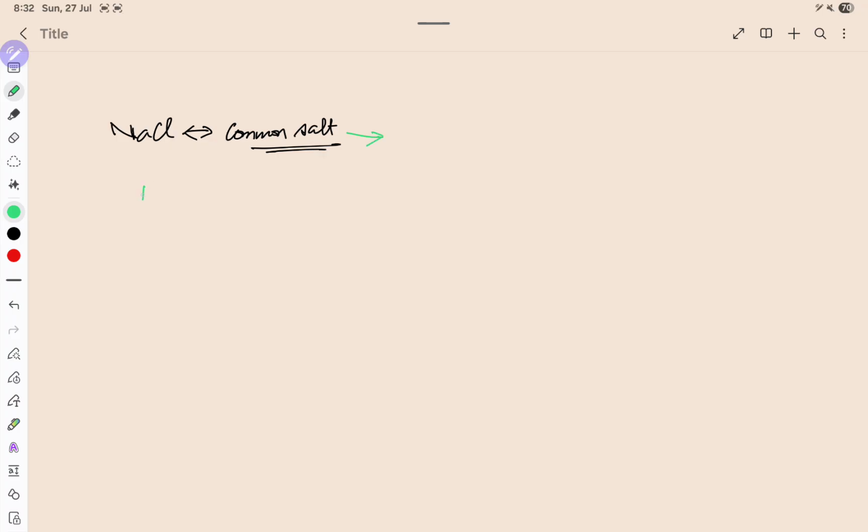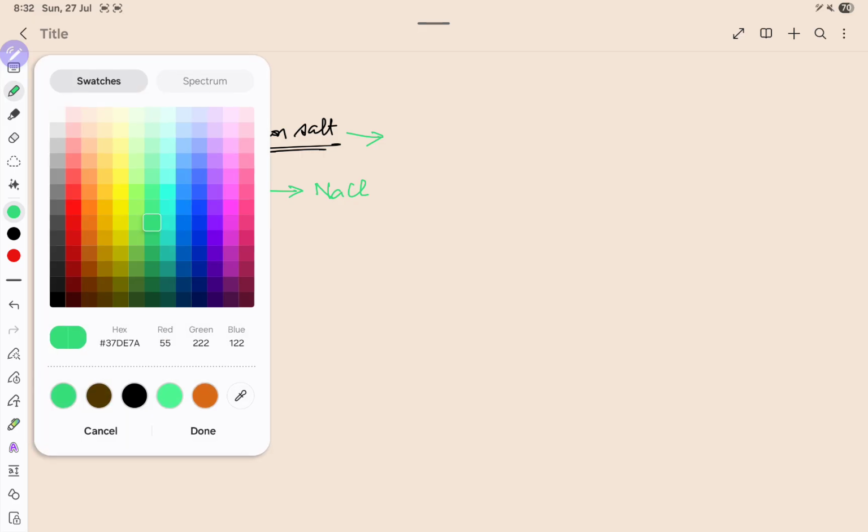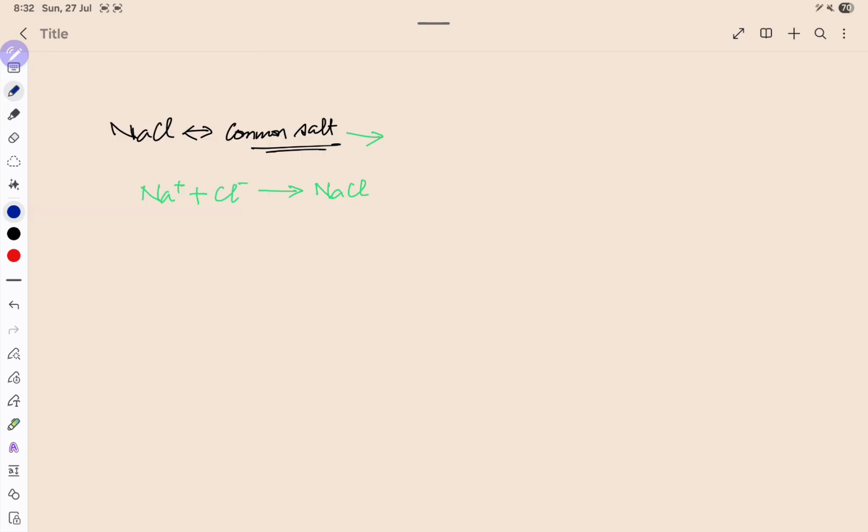Now we also know that common salt can be derived using sodium ion and chloride ions. Follow with me. Why do we require sodium chloride and why not sodium ion and chloride ion in the kitchen?